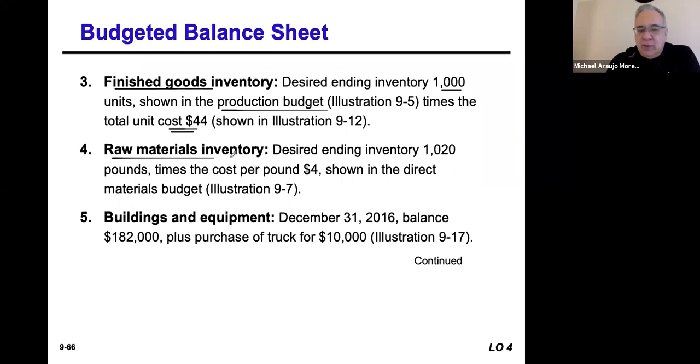You also have raw materials inventory. If you look at your raw material budget, you'll have 1,020 pounds of raw materials left as your ending inventory, at $4 a pound. That's where that came from. Again, the buildings and equipment account, I told you it started as 182, but you bought a truck for 10,000. That's why it's 192.